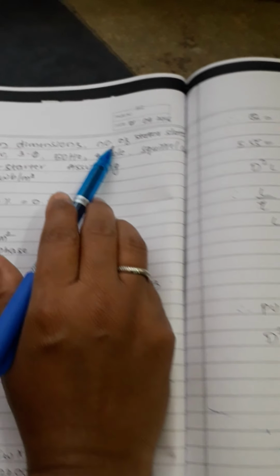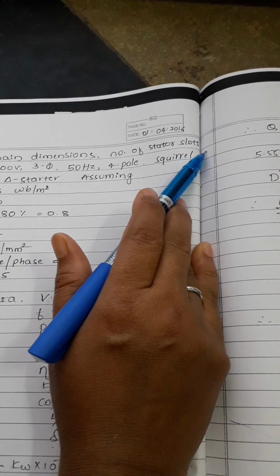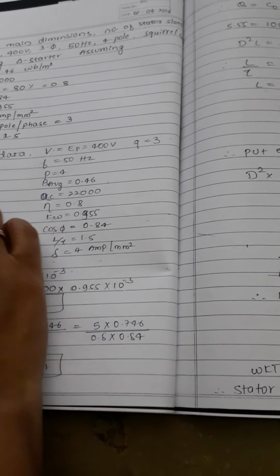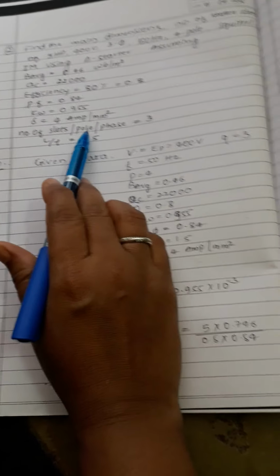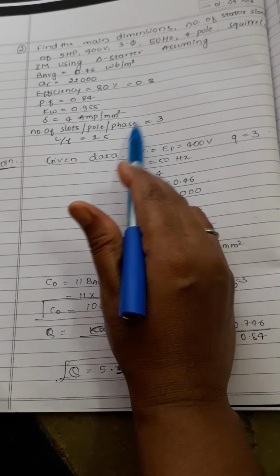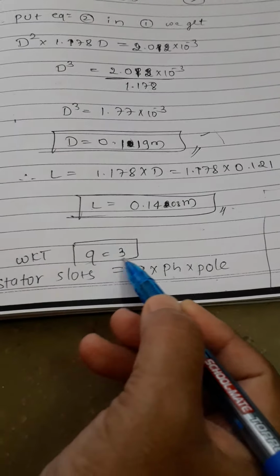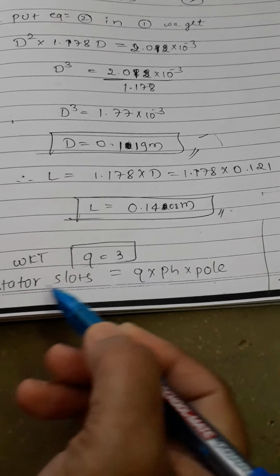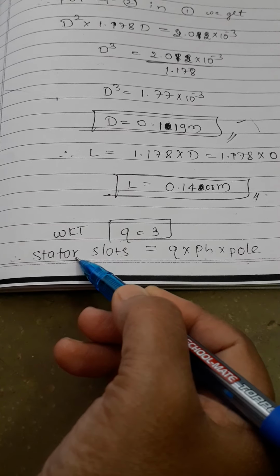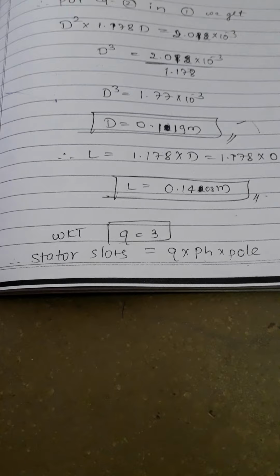Now next calculation is number of stator slots. To find out number of stator slots, the given is number of slots per pole per phase is given 3. So that is nothing but q, which is nothing but 3. We are knowing the q, we are knowing the number of phases.